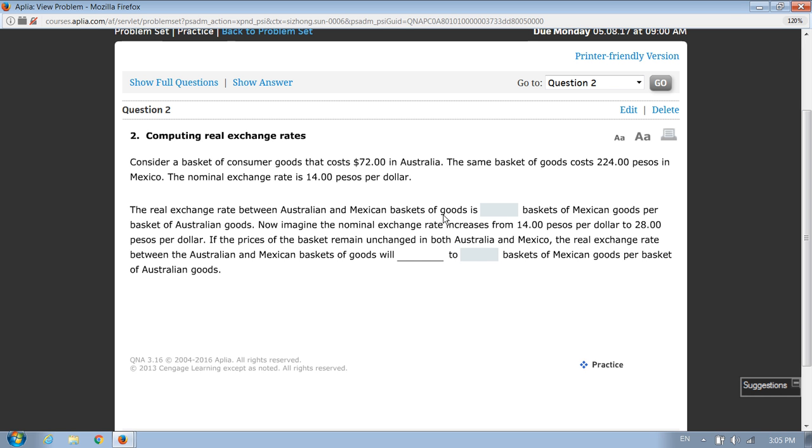The real exchange rate between the Australian and the Mexican basket of goods is... So the real exchange rate is equal to the nominal exchange rate, which is 14, times the domestic price, which is 72, divided by the foreign price 224, which is 4.5.